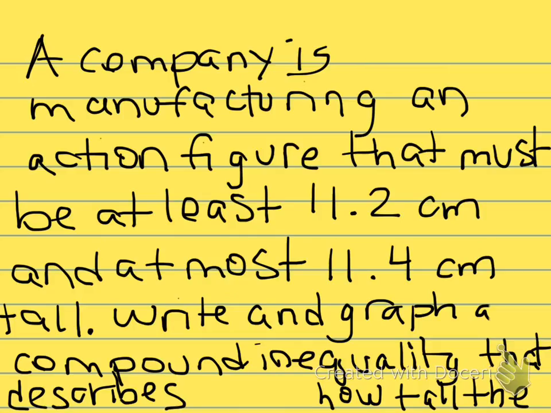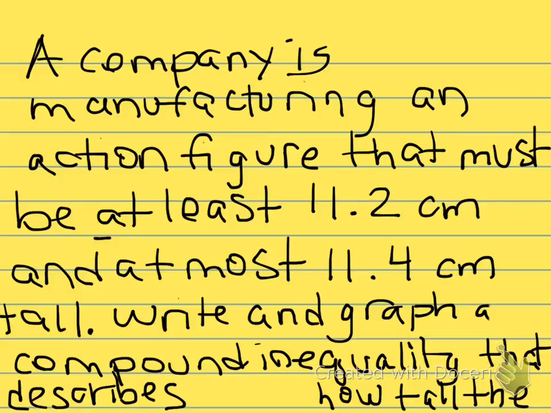Here we're solving for the word problem, so we need to write an inequality, a compound inequality, and graph it. So this company is manufacturing an action figure, and it must be at least 11.2 centimeters and at most 11.4 centimeters tall. We need to write and graph a compound inequality that describes how tall the action figure can be.